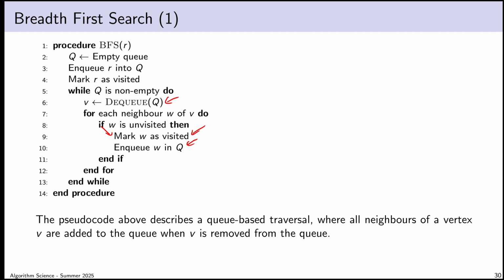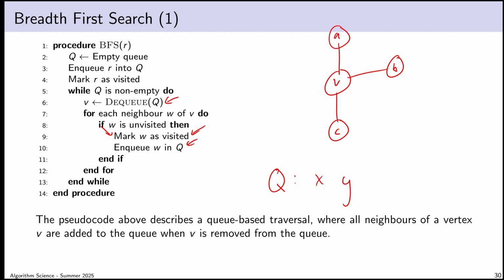So if I suppose that this is my vertex V, and then I've got various unvisited neighbors of the vertex, let's call these ones A, B, and C. What I'm going to do is iterate over all of the unvisited neighbors, and if I think of my queue here, which has got, let's suppose, some other stuff in it already, X and Y, I'm going to iterate over all of my unvisited neighbors, A, B, and C, and add them each to the queue.